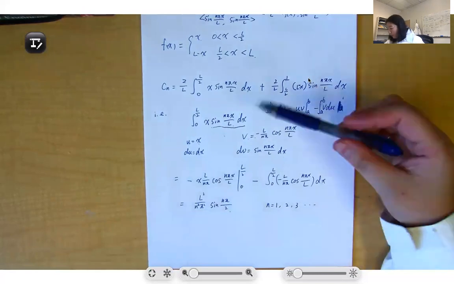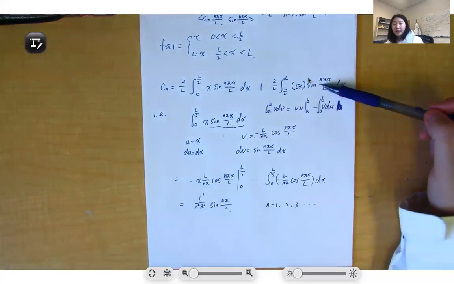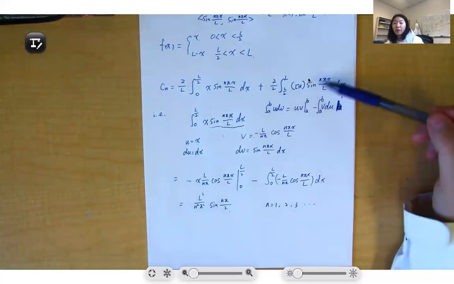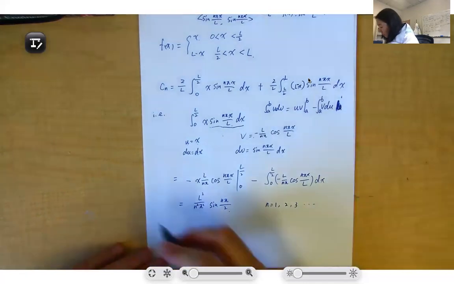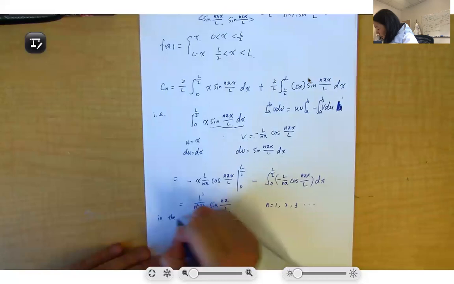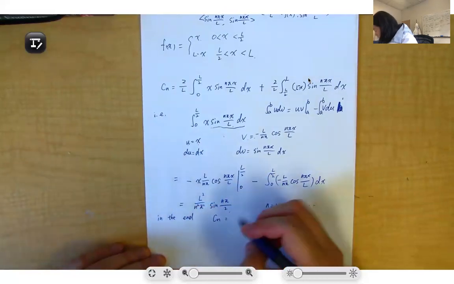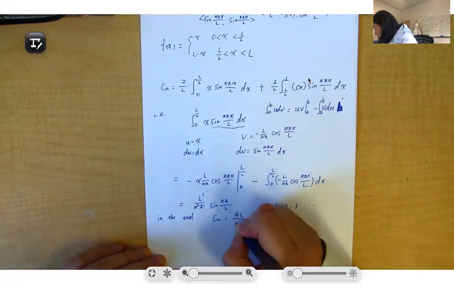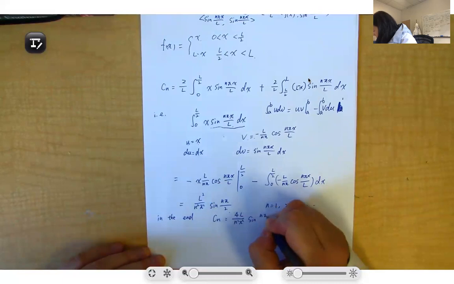And using this method, you can also try to solve the second term integral. It's very similar and very easy after you derive this part. So in the end, the Cn will be equal to 4L over n squared pi squared sine n pi over 2.